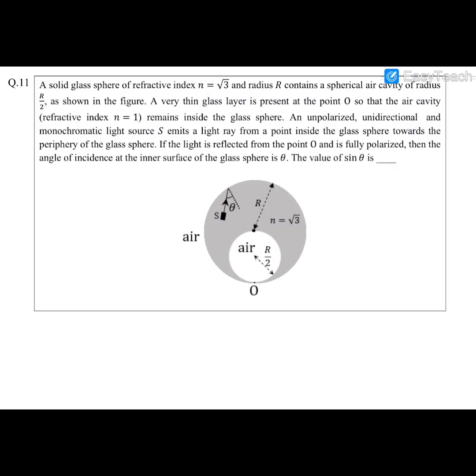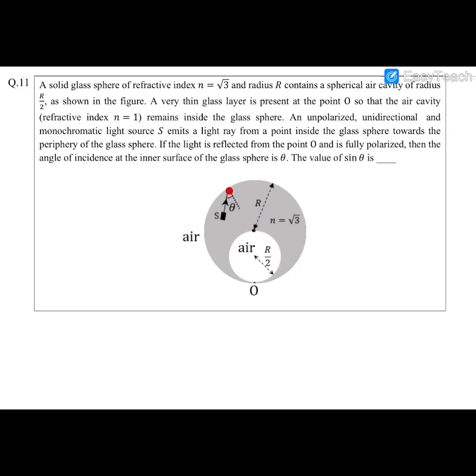A very thin glass layer is present at this point O, and inside this small cavity there is air filled. Now the refractive index of air is 1, and an unpolarized unidirectional monochromatic light source S is emitting the light at this point.